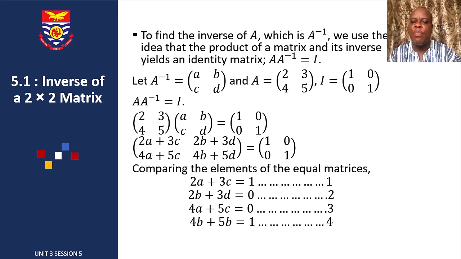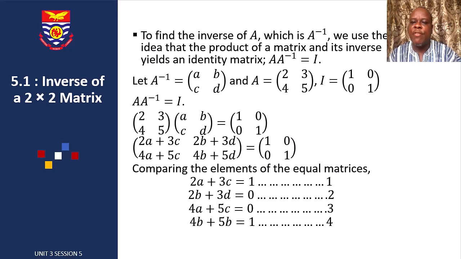We multiply the left side of this equation, and by what we have learned, this will give us [2a plus 3c, 2b plus 3d; 4a plus 5c, 4b plus 5d], and that should be equal to [1, 0; 0, 1].